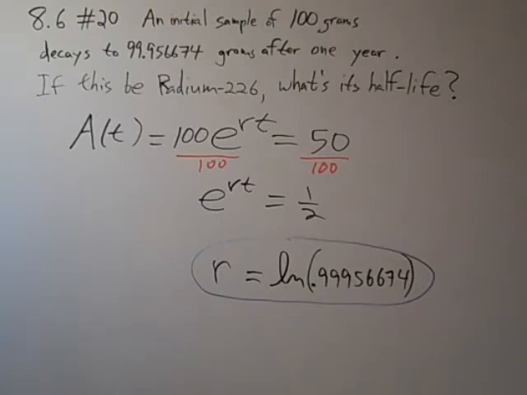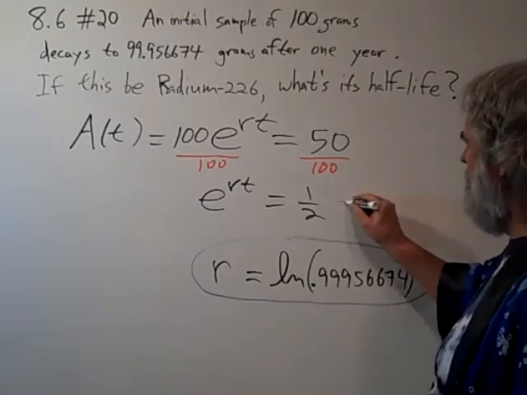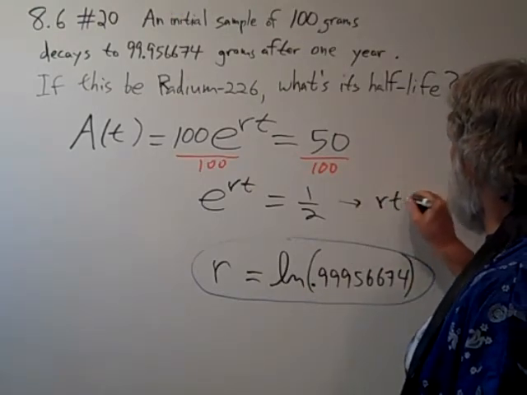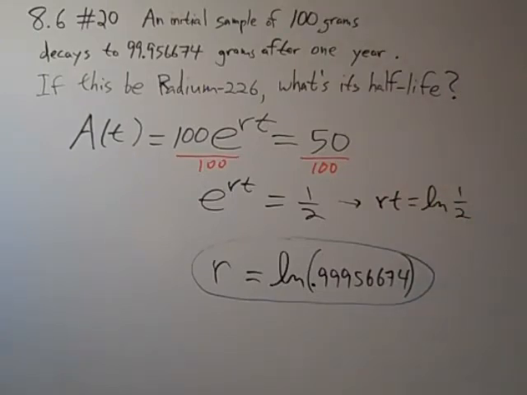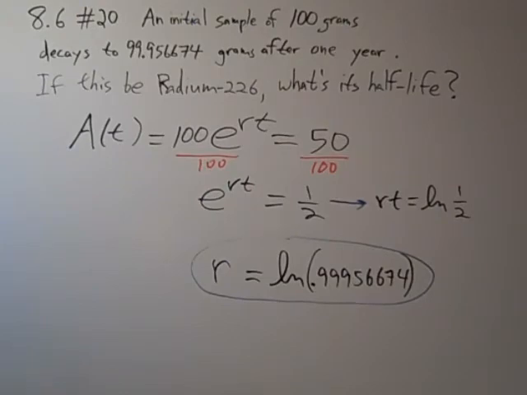And writing this equation in logarithmic form, or taking the natural log of both sides, we get that R times T is equal to the natural log of 1/2. This is just by taking the natural log of both sides, or writing that exponential equation in logarithmic form.